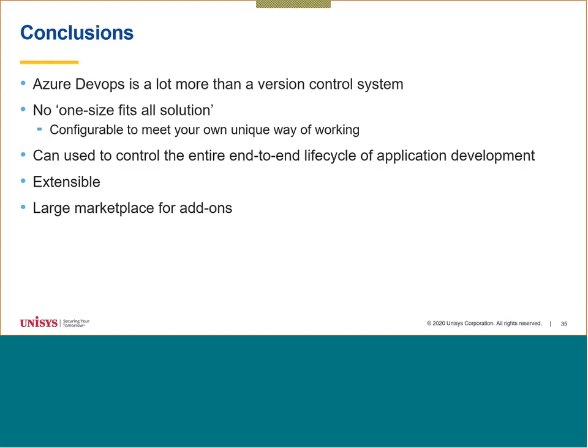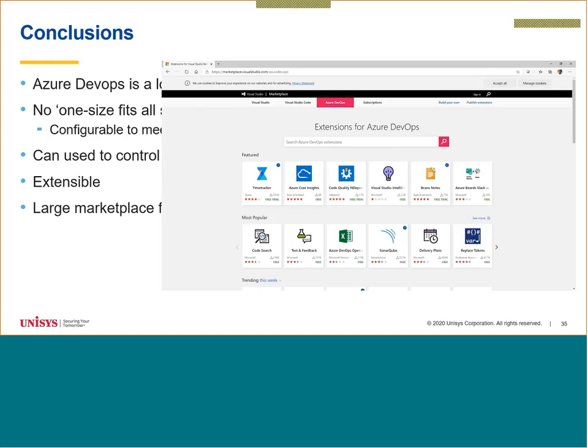It's extensible. There is a huge marketplace available. If you go to marketplace.visualstudio.com/Azure DevOps, there's a vast number of add-ins that people have written to extend the basic environment. Some of which are free, some of which you have to pay for, some of which you can get on a free trial.